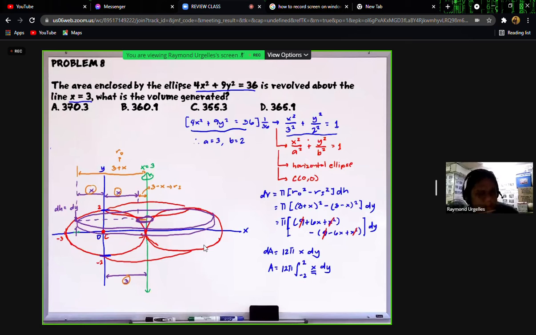So again, pwede nyo gamitin yung positive square root, pwede nyo rin gamitin yung negative square root. Although pag negative square root, diba? I-multiply nyo pa ng negative 1, kaya babalik ka lang din sa positive. Kasi nga, positive distance yung kino-consider natin. Diba? So, therefore, gamitin na lang natin yung positive square root. Let me use this one.